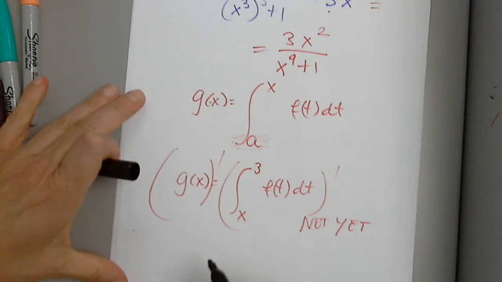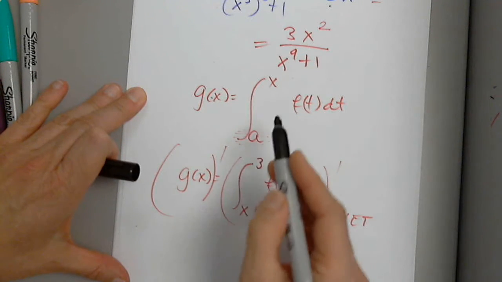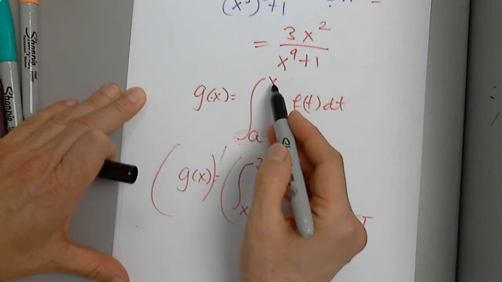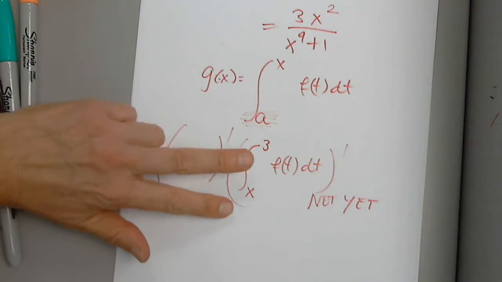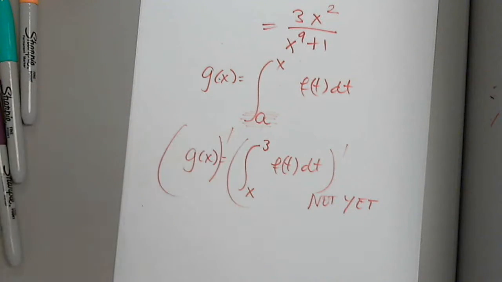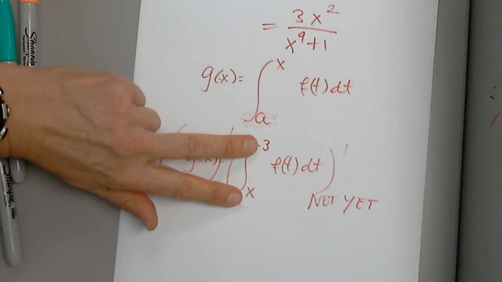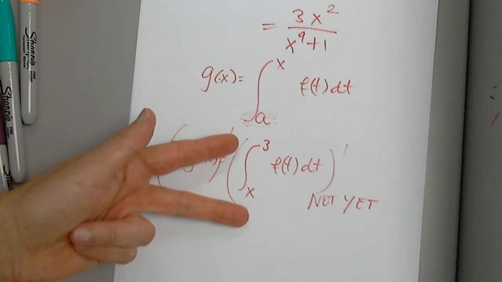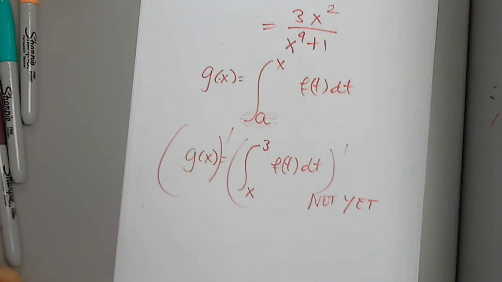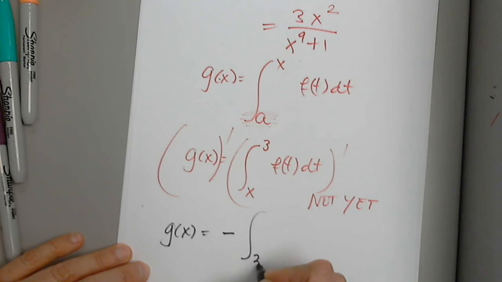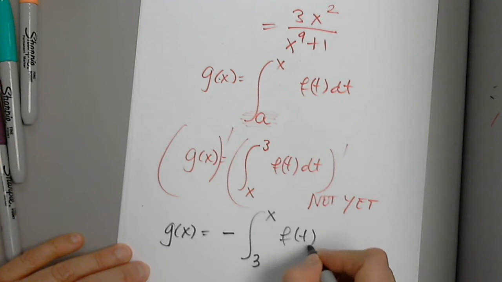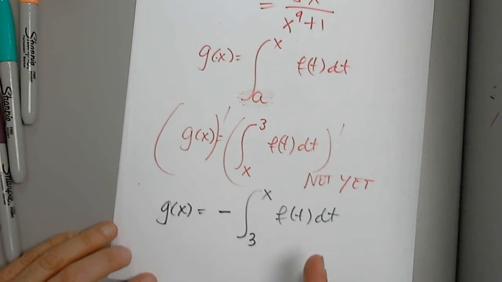The correct form is the number as the lower limit and the function, or x if you want, as the upper limit. But what did we just look at? I've added a property today. If I swap the limits of integration, what happens? It's negative. So the function is negative the integral from 3 to x of f of t dt. Now this is ready.